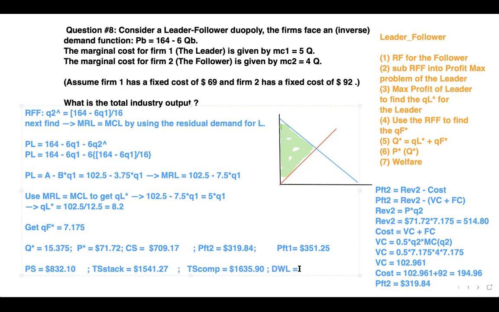Anyway, I don't know if that excites you guys as much as me, but so what's our deadweight loss then? Who wants to tell me? Joshua or Arslan? Anybody? Devara? Yeah, I got 94.63. Does everybody agree?